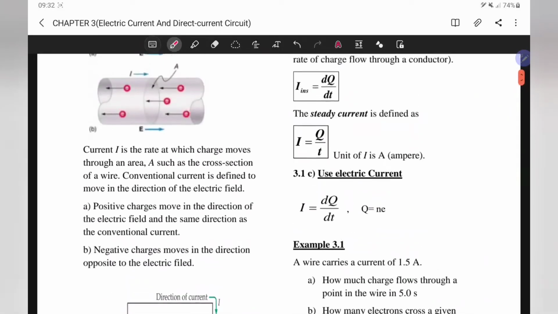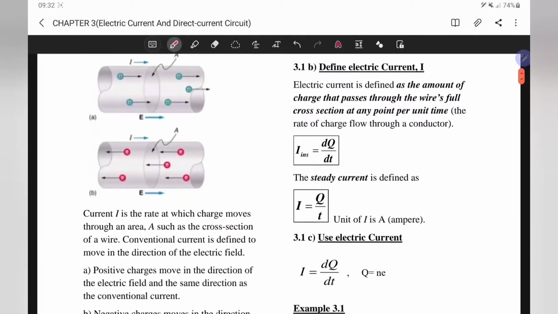So what do we have now? How to define the electric current? Electric current is defined as the amount of charge that passes through the wire's full cross-section at any point per unit time. Or we may simplify it: current represents the number of charges per unit time through the area.